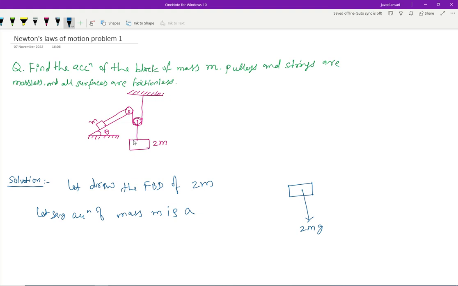If this moves upward by a distance x, this part will move by half of its distance, right? So let us say this moves up by a distance of x, then this will come down by how much? Some distance, right?